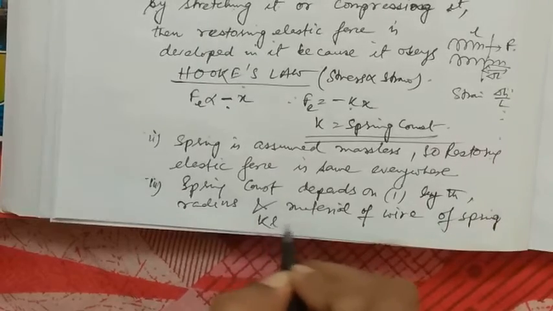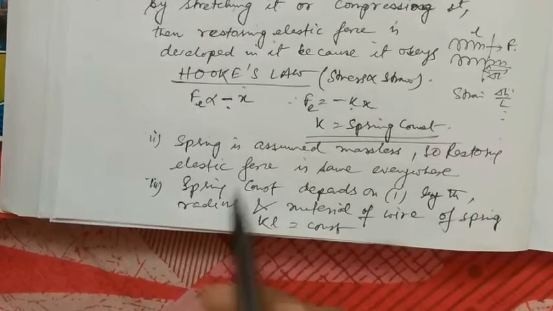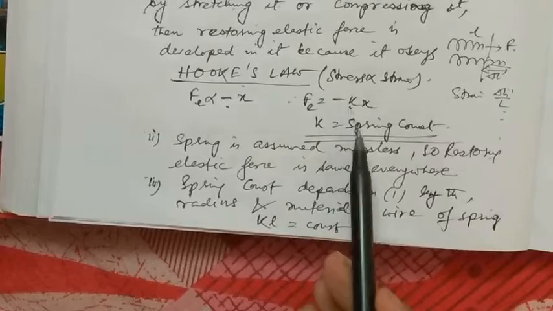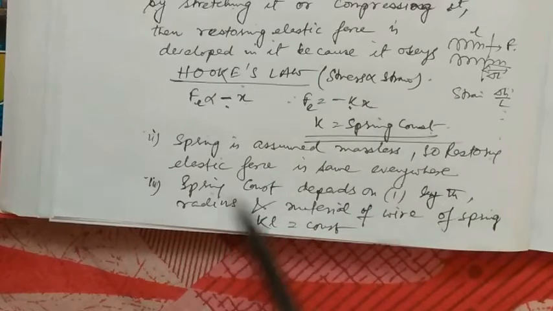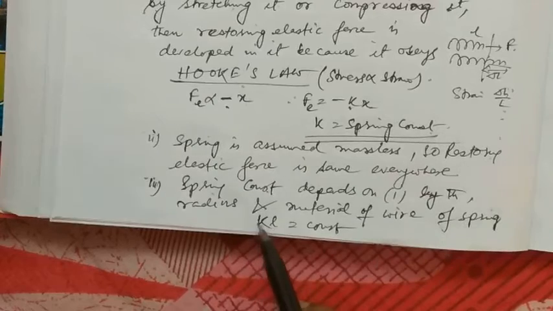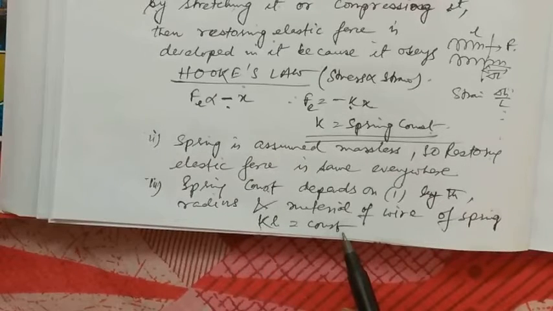Therefore, K into L is constant. We have written here that K is the spring constant, and also the value of K depends on length. So K into L is always constant.